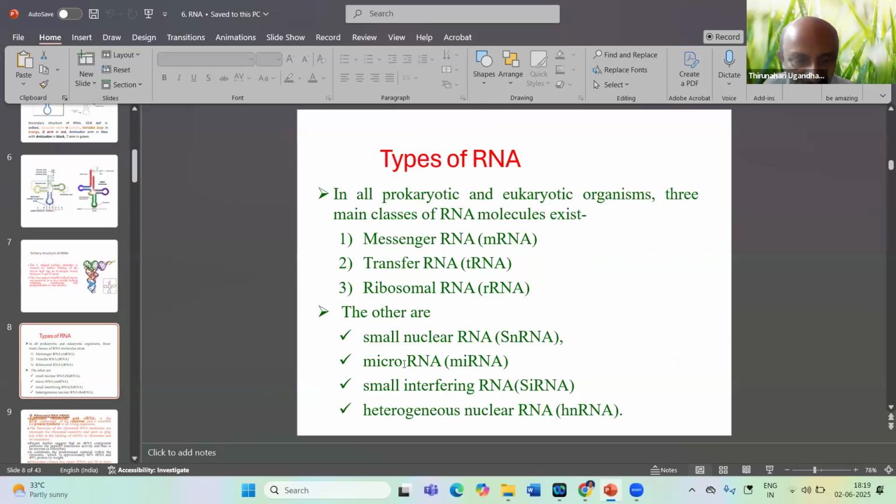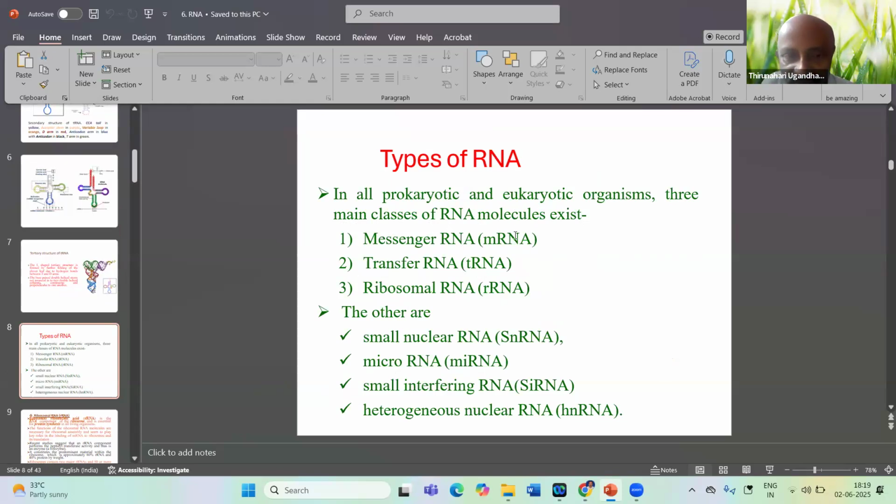In all prokaryotic and eukaryotic organisms, 3 main classes of RNA molecules exist: first, messenger RNA, mRNA; second, transfer RNA, tRNA, also called small soluble RNA; then ribosomal RNA, rRNA.